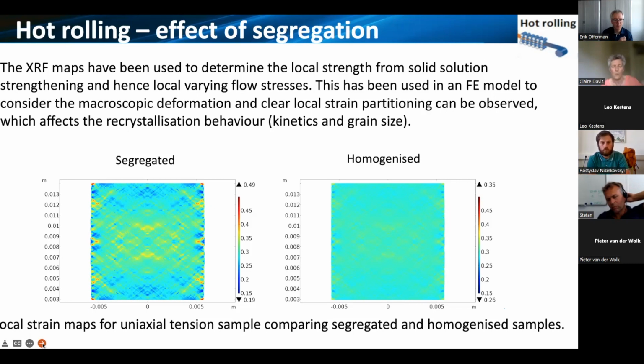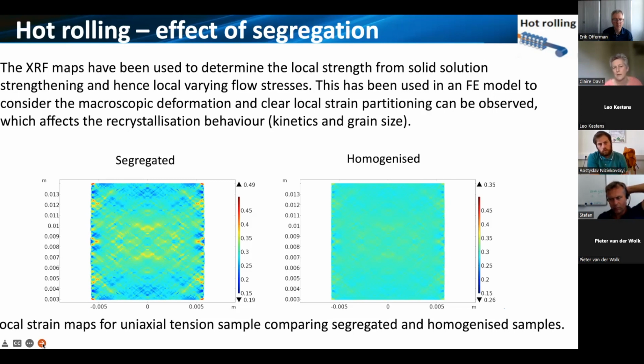So one of the models from the plane strain compression test, or uniaxial compression test, whichever we want to look at. Deformed the two, with a more homogeneous composition and the segregated microstructure, to the same strain, to the 0.3 strain, and then plotted out the local strain distribution.